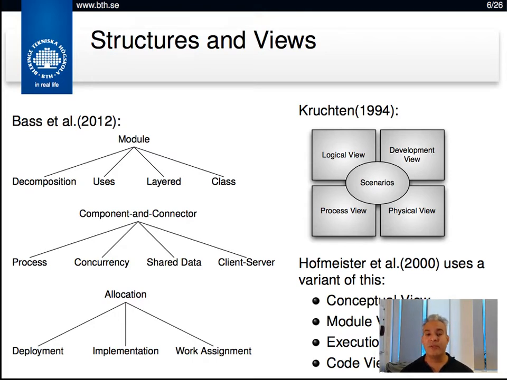The module view, which is our definition that these are the software modules that we're going to need in order to satisfy this conceptual view. And the execution view, which is how we're going to allocate those modules to our hardware. And the code view, which is how we're going to allocate these modules into development units, so files, packages, etc., etc.